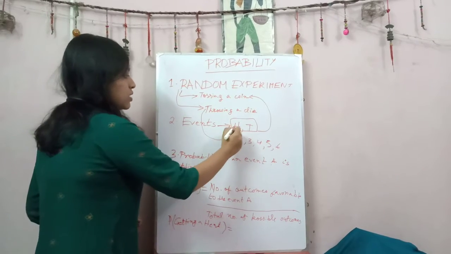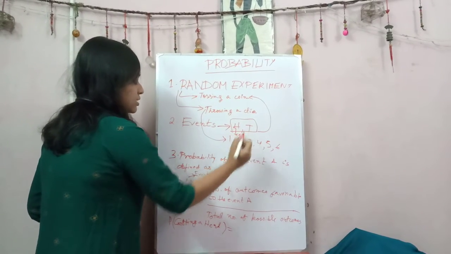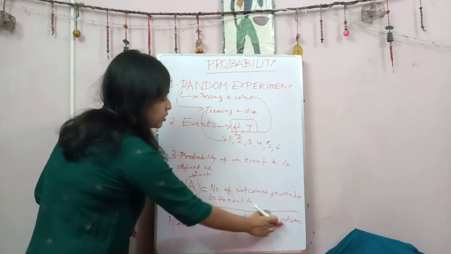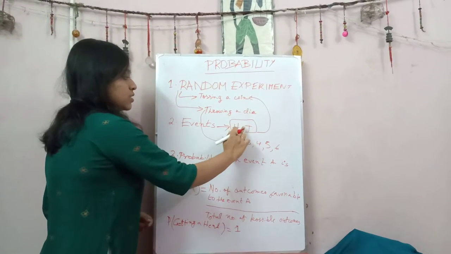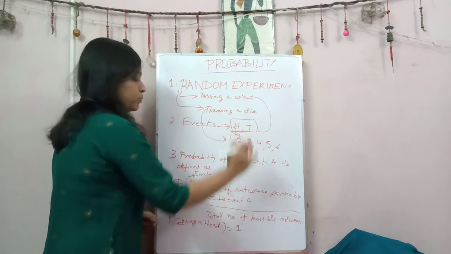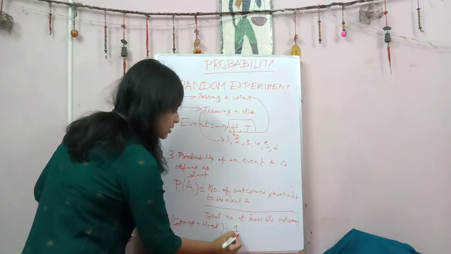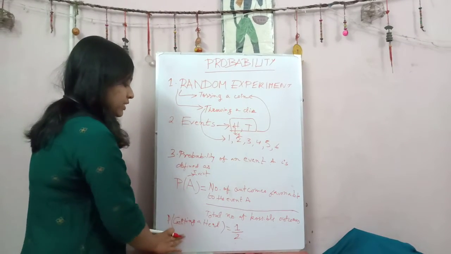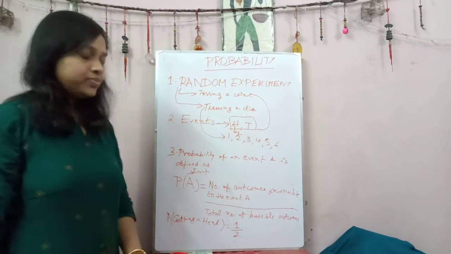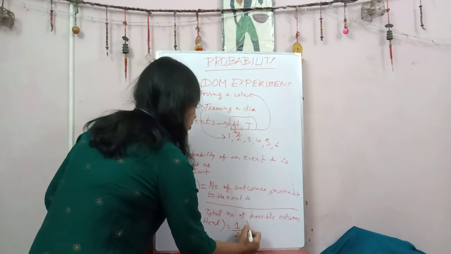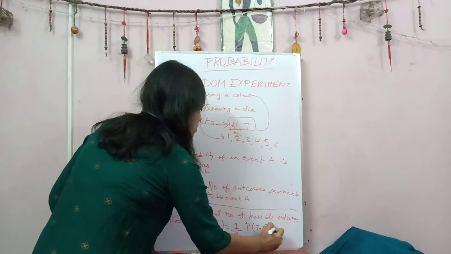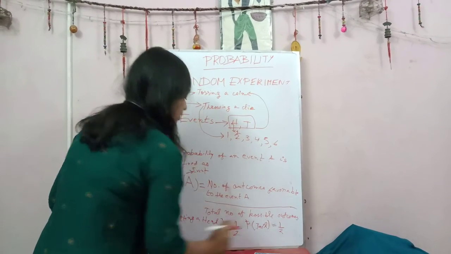Only 1. So the numerator will be 1. And the total number of possible outcomes is H, T. So there are in total 2 possible outcomes. So the denominator is 2. Hence the probability of getting a head is half. Also, if we want the probability of tail, it is also half, right?